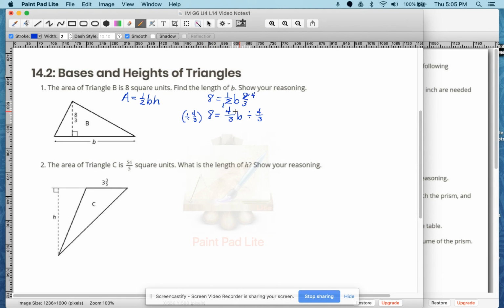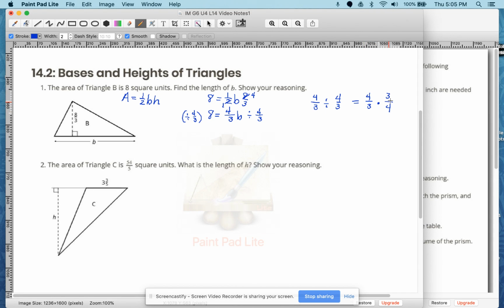Okay, so when we divide by 4/3, remember, I'm going to move over here. 4/3 divided by 4/3. Remember working with fractions, we keep the first one, we change the sign, and we flip the second one. So keep, change, flip. That's what we're looking at here.